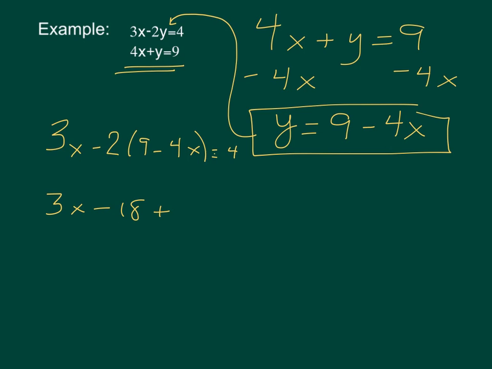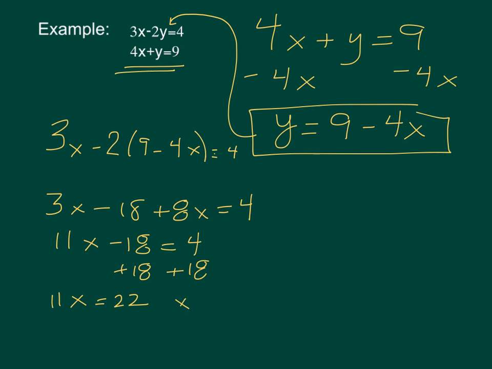Minus 2 times minus 4 is plus 8x, so 3x and 8x is 11x, minus 18 equals 4. We add 18 to each side and get 11x equals 22, so x is equal to 2.